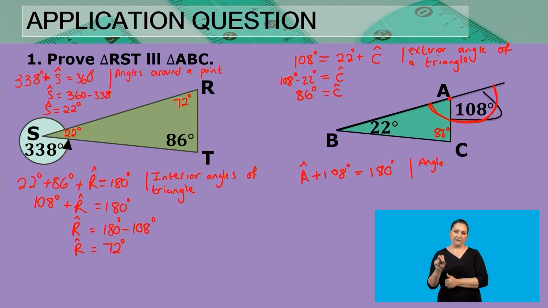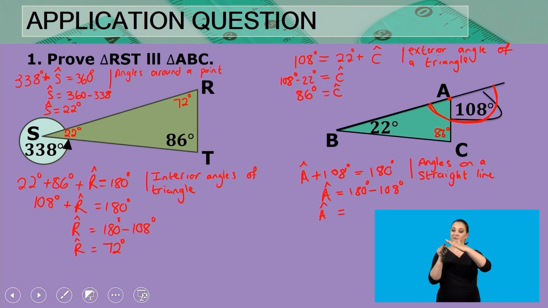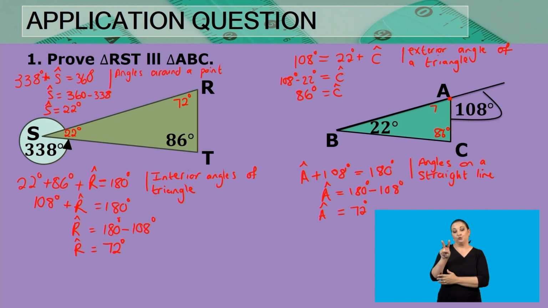It's because the two angles are on a straight line, and angles on a straight line add up to 180 degrees. So angle A would be equal to 180 degrees minus 108 degrees, because we are using the additive inverse of 108, and our answer there is 72 degrees. So angle A is equal to 72 degrees.